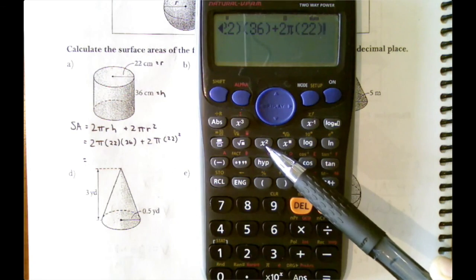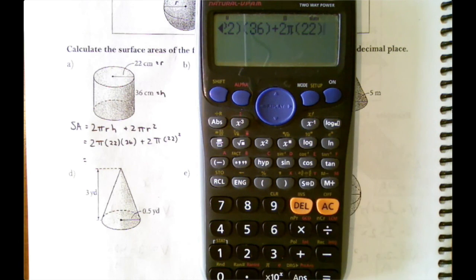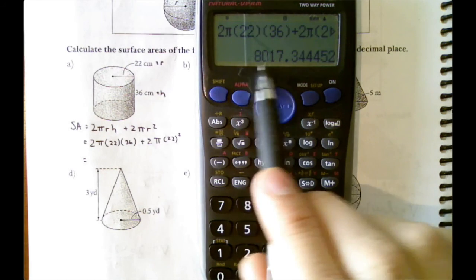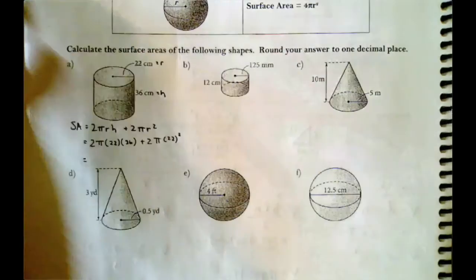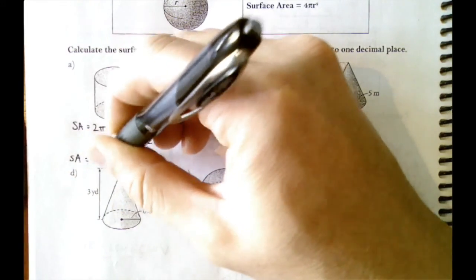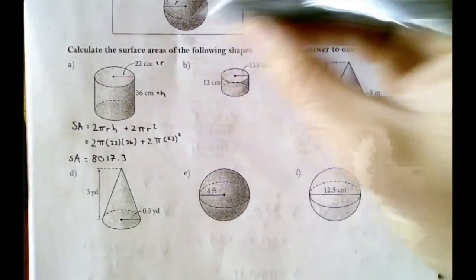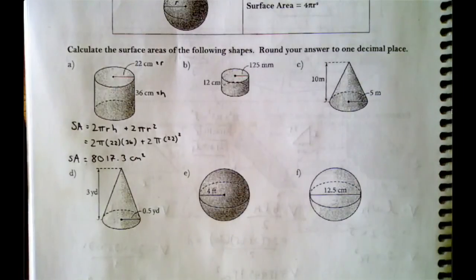You might have a y to the x button where you have to press it and then hit 2. Look for the one that just says x squared. Now we've typed the whole thing in, we can hit equals, and mine comes out with an exact answer. If I change it, I get my decimal answer, which is 8,017.3. That's what we're aiming for. So our surface area is 8,017.3, and we're in centimeters, and since it's area, it's centimeters squared.